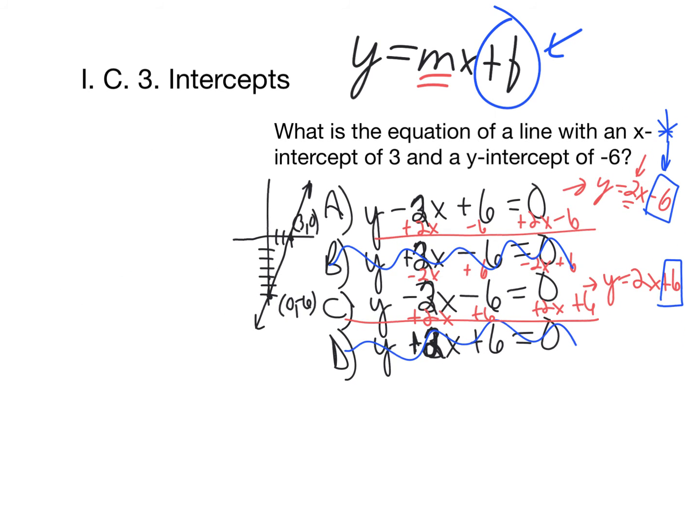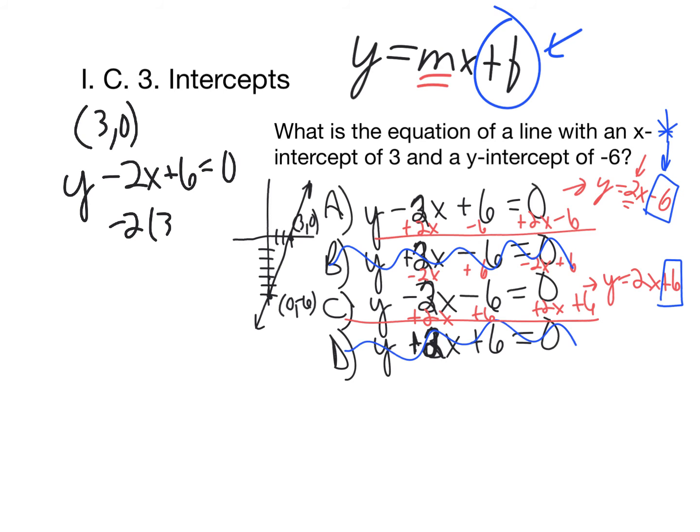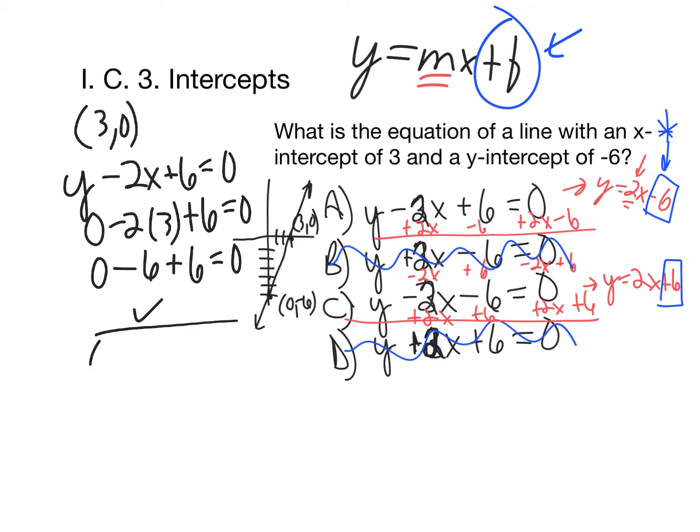What you could do otherwise, you could split things up and have people try these points. So you could try (3, 0) in this equation. Put a 3 in for x, put a 0 in for y, and see if that works or not. Okay, so that works. And then you could try it also for (0, -6).